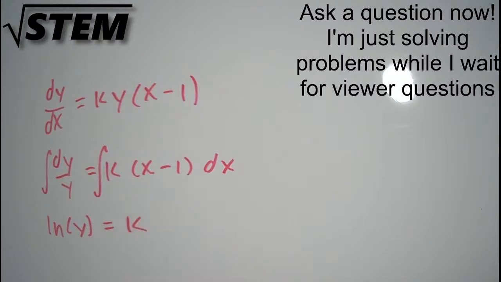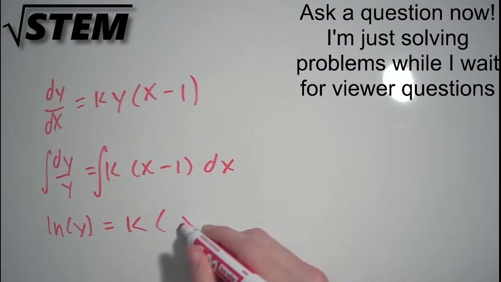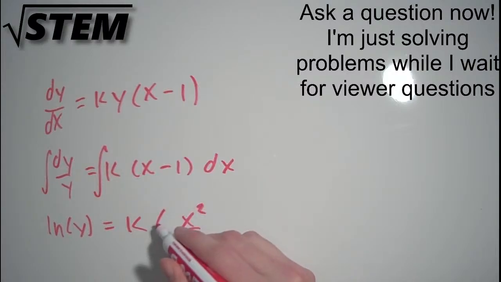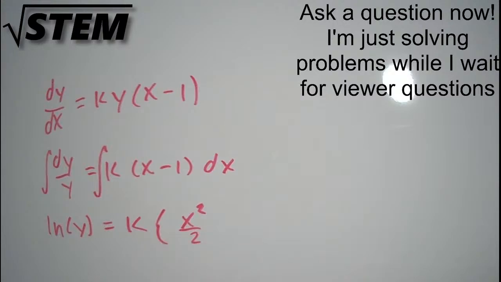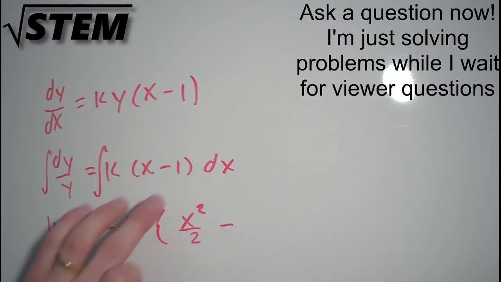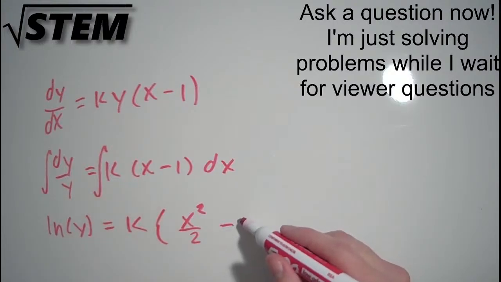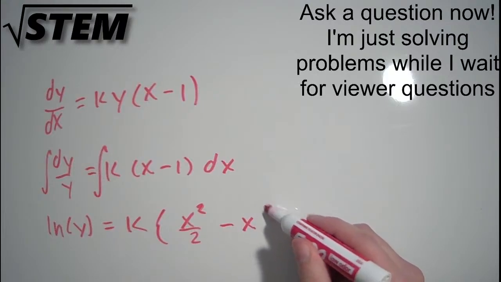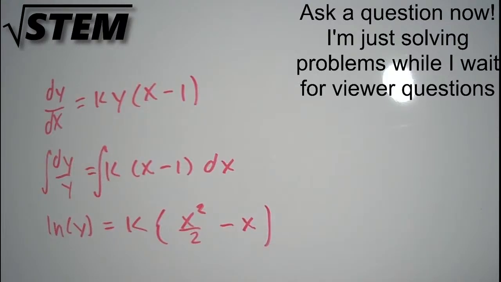The integral of x, we're going to get x squared, and then we divide by that exponent of 2. Minus the integral of 1 times dx would just be x. And we just evaluated an indefinite integral, so we're going to get some constant of integration over here.